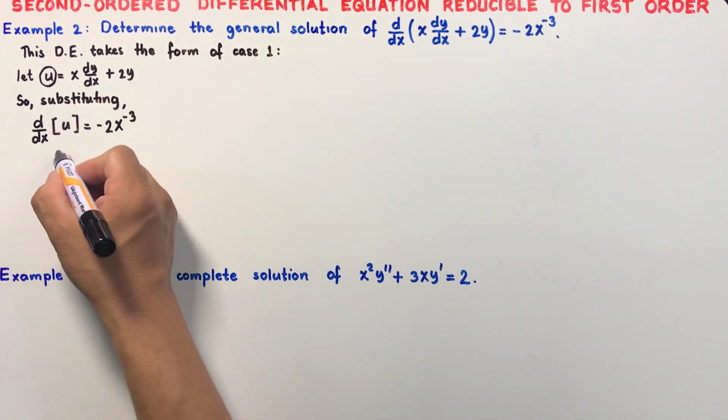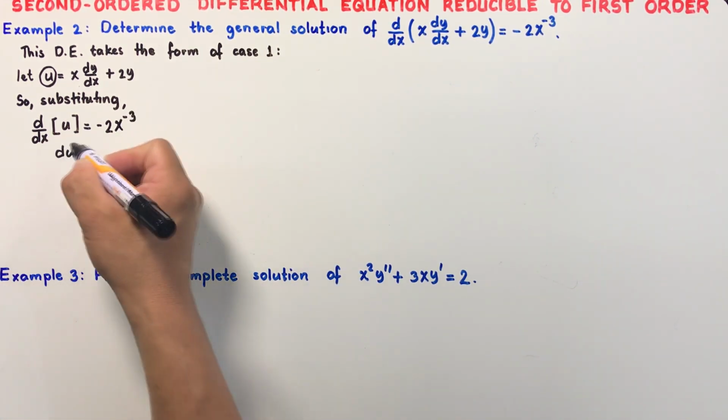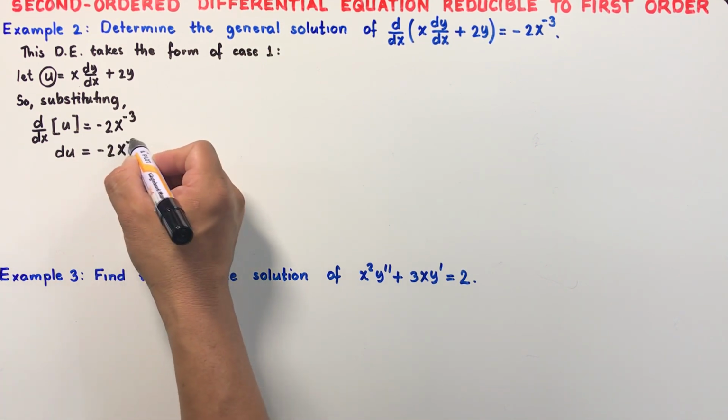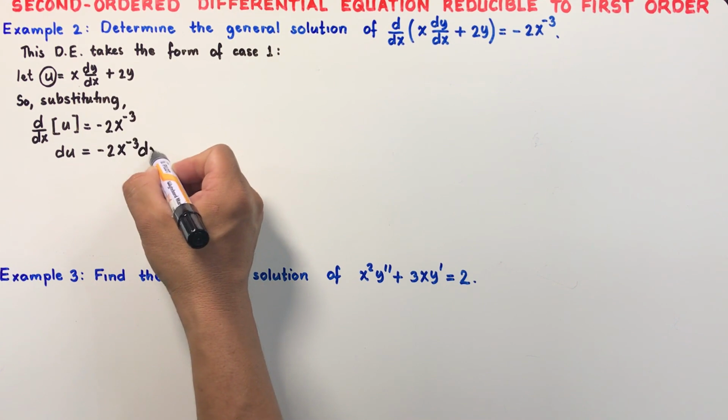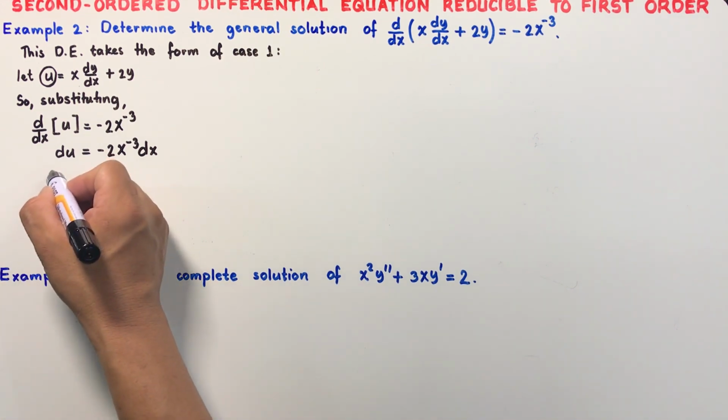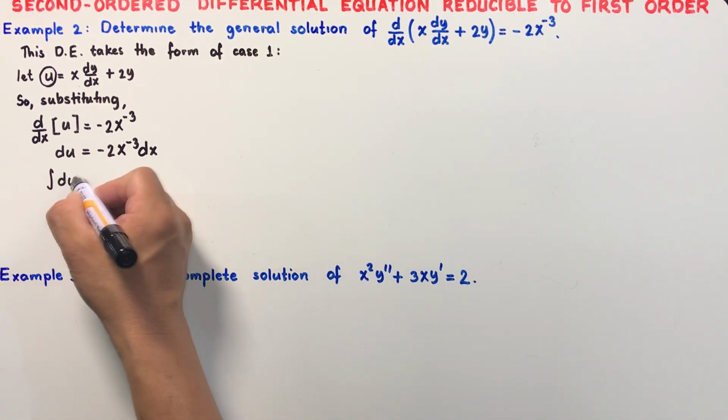And rewriting this equation, we have du, which is equal to negative 2 x to the power negative 3 dx. So now that the variables are separated, we can integrate both sides of the equation here.